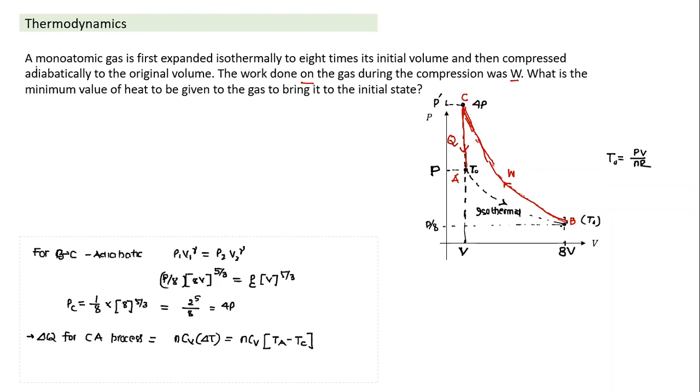The product of PV divided by nR gives T naught. Here the temperature T at C will be equal to pressure at C into volume at C divided by nR. And what is TC equal to then? Pressure is 4P, volume is V, divided by nR. This will be equal to 4 T naught. So I get the temperature at this point as 4 T naught.